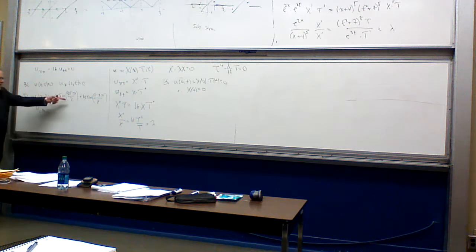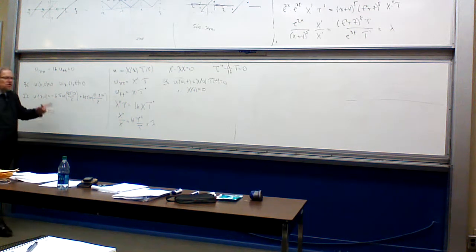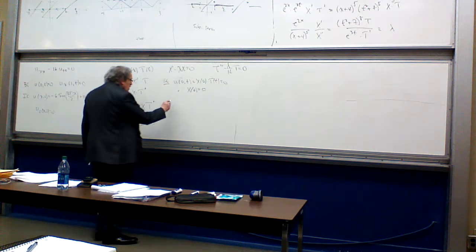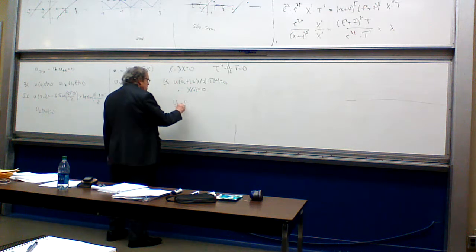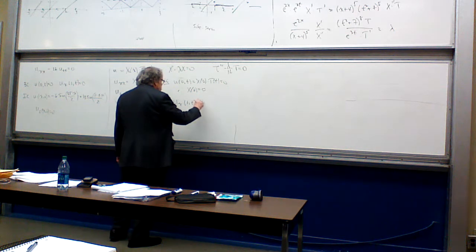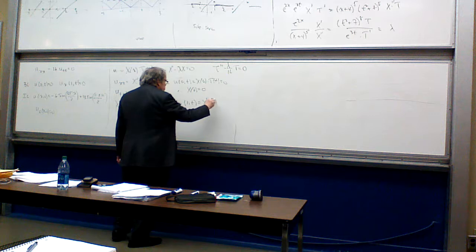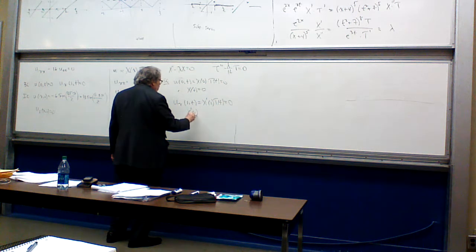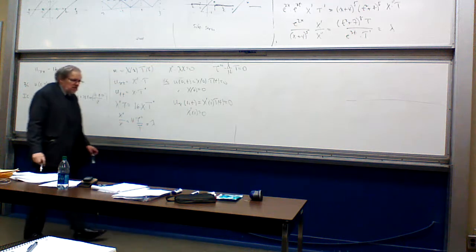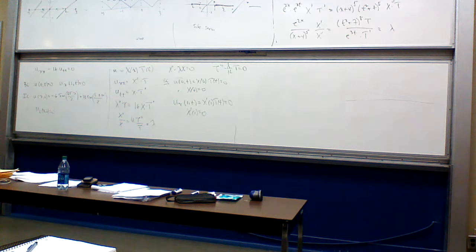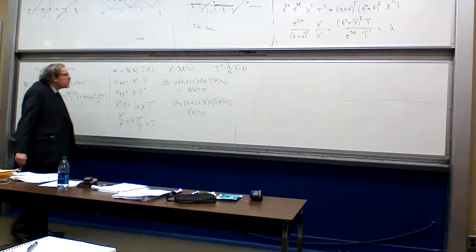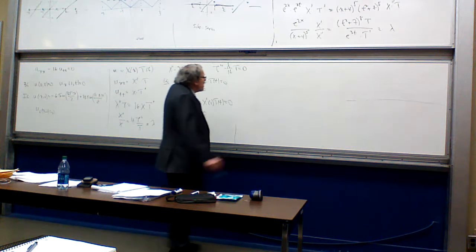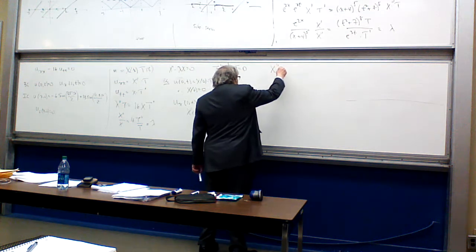I need to have a non-zero solution to generate the initial value. And partial with respect to x at 1 and t is X prime at 1 times T of t equals 0. So X prime at 1 should be 0.